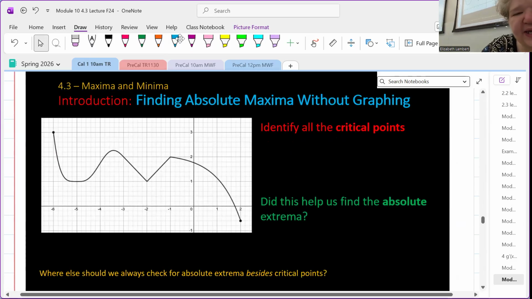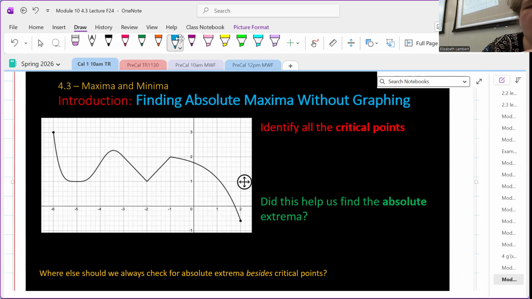All right, so looking at this graph, identifying all the critical points is where the slope is 0 or where the slope is undefined. So I've got one at 5, one somewhere between -4 and -3. I got a corner point at 2, another corner point at -1.